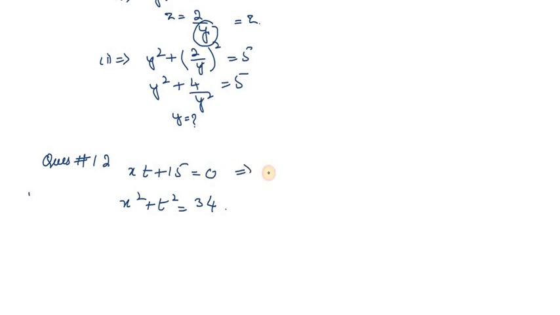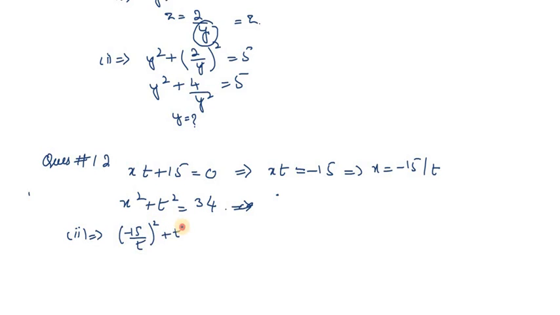First we get the value of x or t as per your choice. xt is equal to minus 15, implies x is equal to minus 15 upon t, and put the value of x in this equation. Equation 2 implies (minus 15 upon t) whole square plus t square is equal to 34.